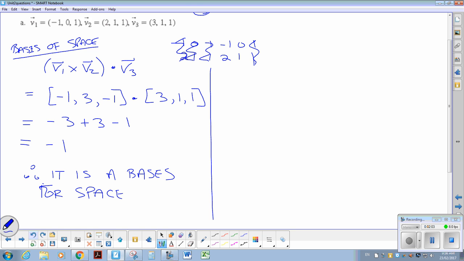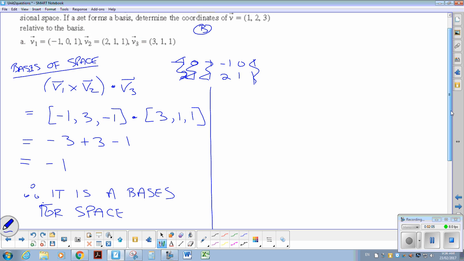What do they want me to do for B part? They want me to determine this equation: a V1 plus b V2 plus c V3. So they want us to determine the linear combination of V1, V2, and V3 to give us the vector V. And we can do this because it's a basis of space, so that means we can move in any direction that we want.